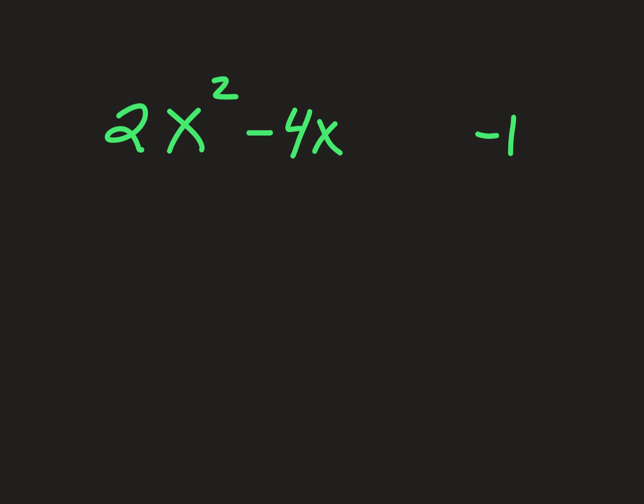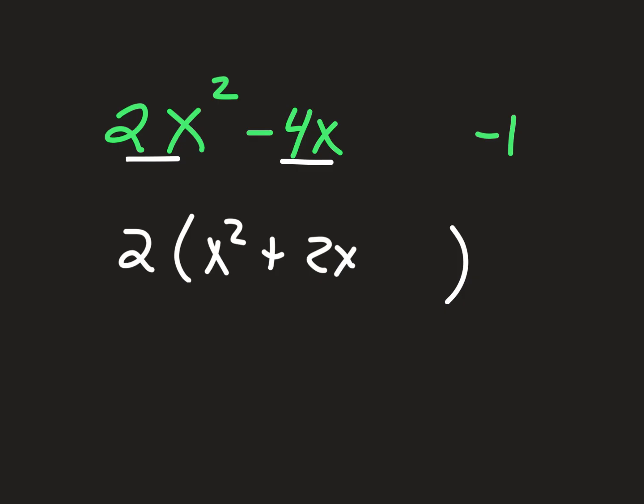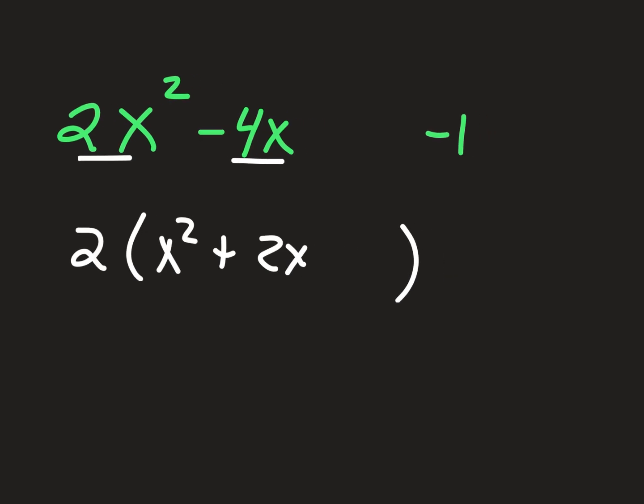Once again, it's always factoring. There's a 2 in both of those, so you factor it out. And then I hope you remember how to do the half and square thing, and there's a little tiny step that everybody forgets.